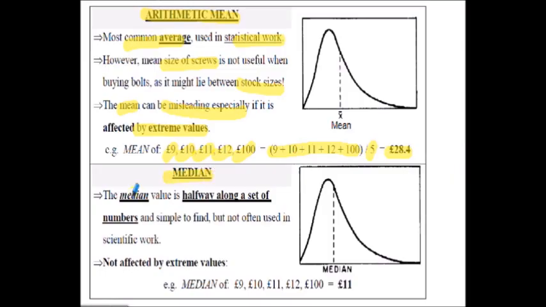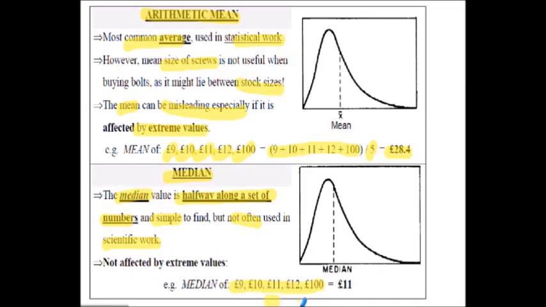Let's look at the median. The median is simply the halfway value along a series of numbers. It's quite simple to find. Not so often used in scientific work, but it doesn't get affected by extreme values as the mean does. This is shown here. If we take the same set of numbers used above, the £9, £10, £11, £12 and £100, the median is simply the middle term of that series.